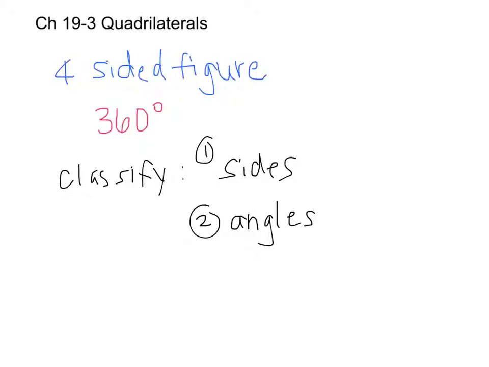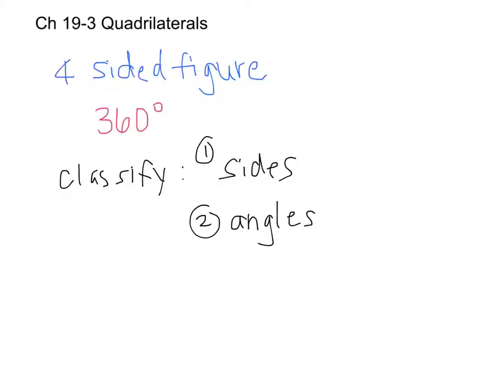Aviv? Rectangle, okay. Varsha? Square. A square, okay. I see a rhombus. Rhombus, okay. Arushi? Okay, lots of trapezoids, yep.